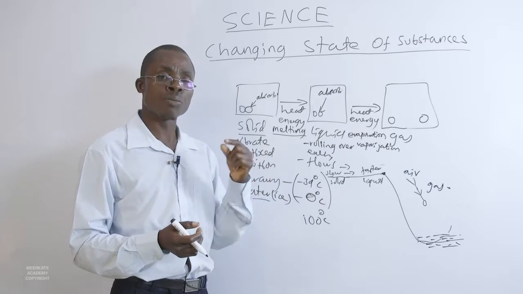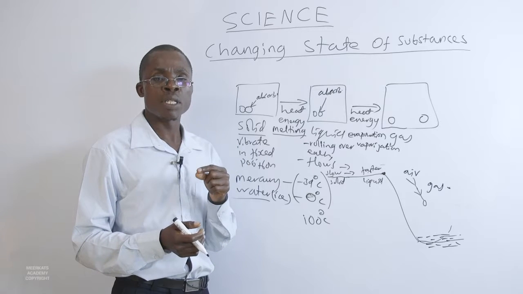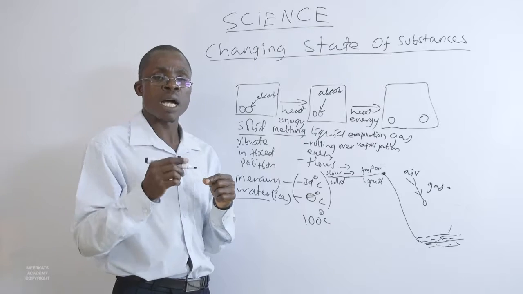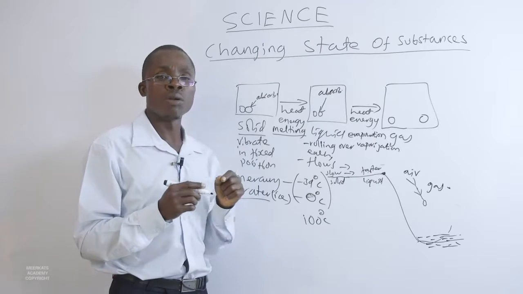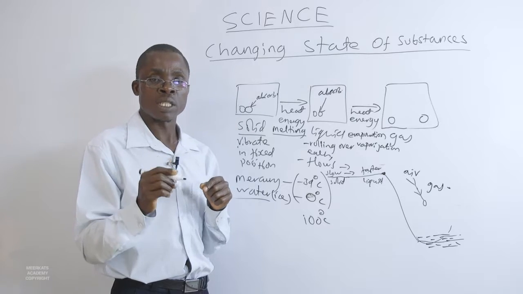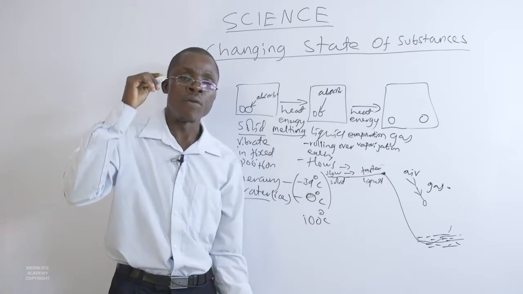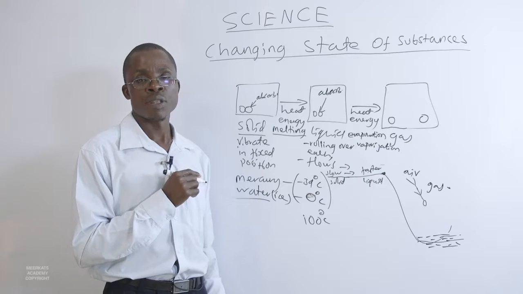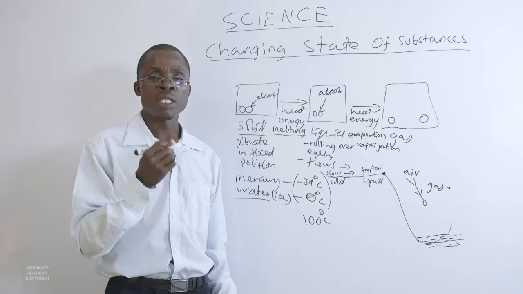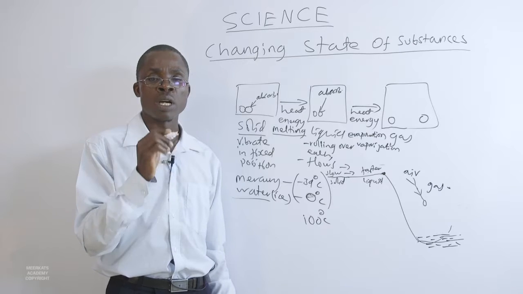But when you talk about boiling, this is the highest temperature at which a water molecule will move from liquid state to gaseous state. So this is the very maximum temperature at which any water molecule can be changed from liquid to gas.